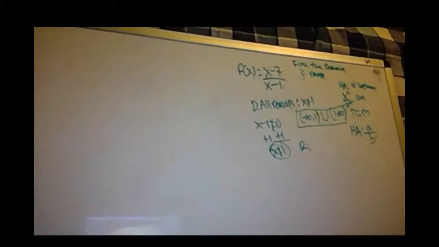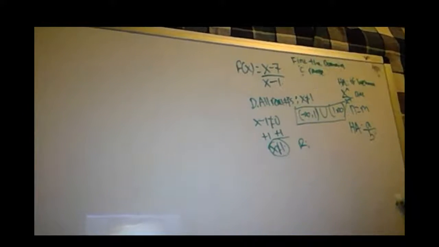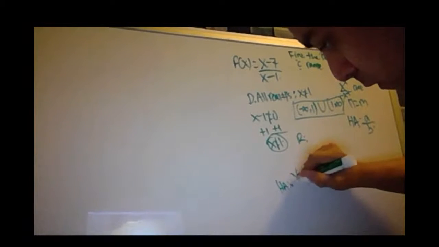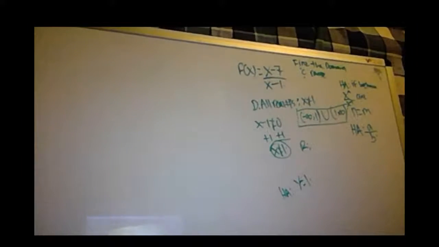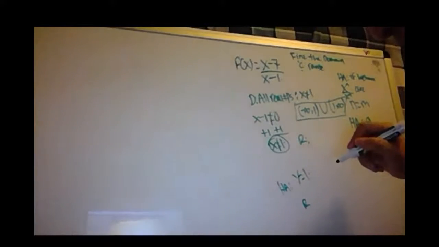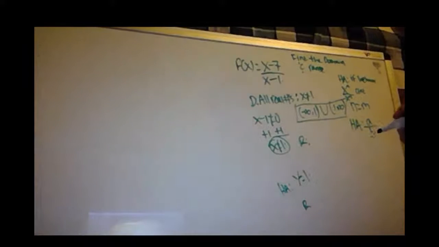So because our powers are the same, our horizontal asymptote is just y equals 1. That means that the range, because the horizontal asymptote is y equals 1, will not include 1, since the graph won't touch it.